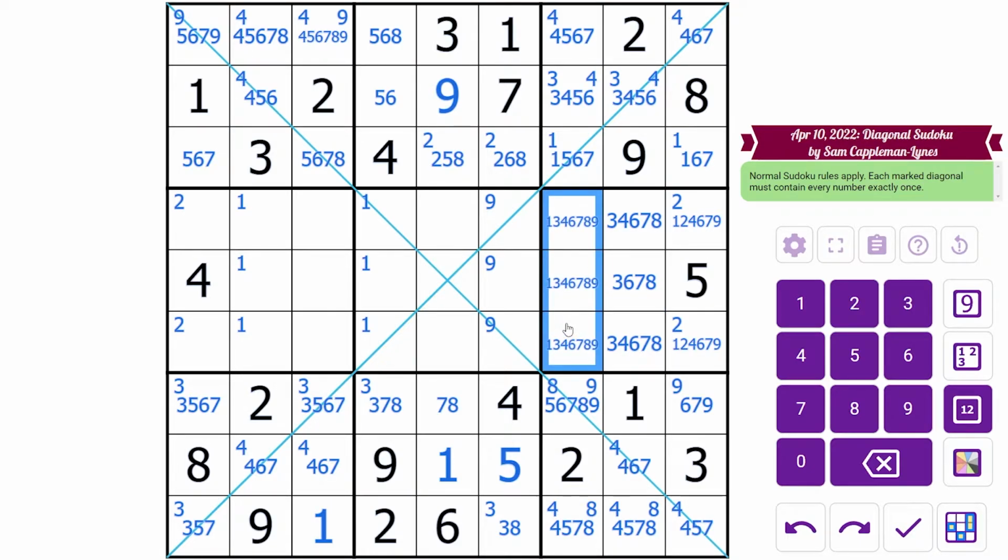And this sees its 2. Oh wow. And this sees its 4. So this is still a ton of possibilities over here. Okay, this is not giving us much information.